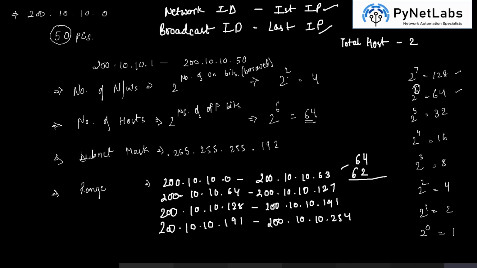Here we had a requirement of 50 PCs. So now, okay, guys, I am sorry. This is from 192. I wrote this wrong. So the range is ending at 191. So the second one will start from 192.